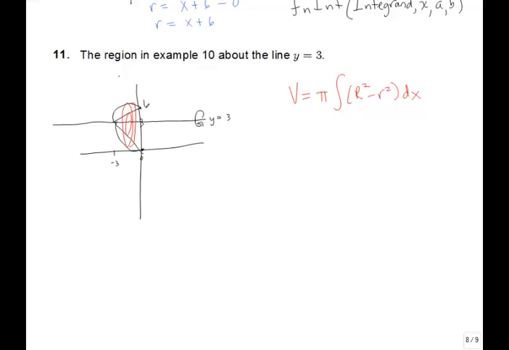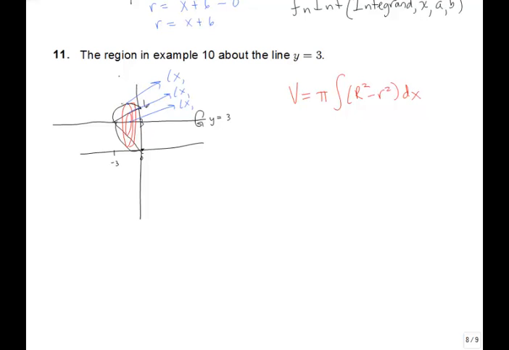I'm going to locate the center point of my inside circle, the edge of my small disc and the edge of my big disc. They're all lined up vertically, so they all share the same x coordinate. So they're all going to be x comma something.